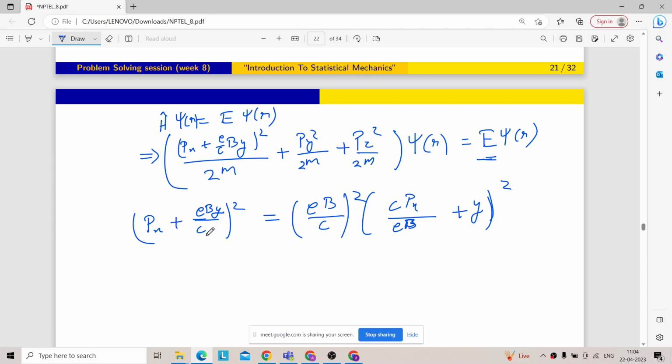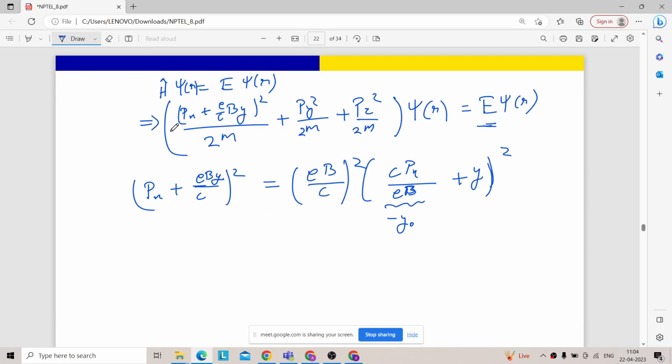So let me take this as minus y0, then my Schrodinger equation will become this, (eB over c) whole square is there and 1 over 2m is there.